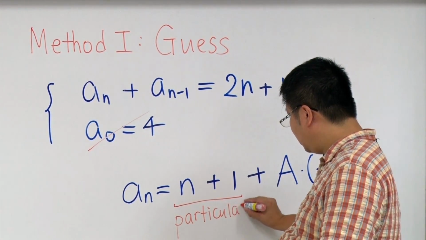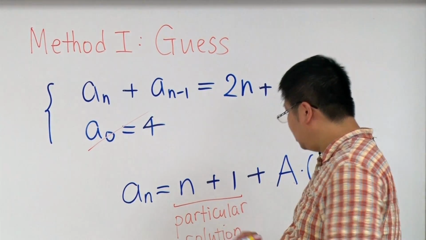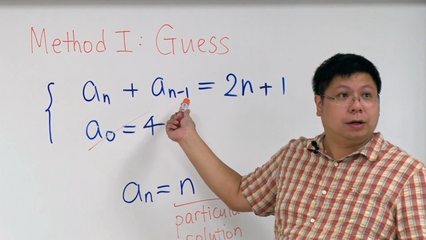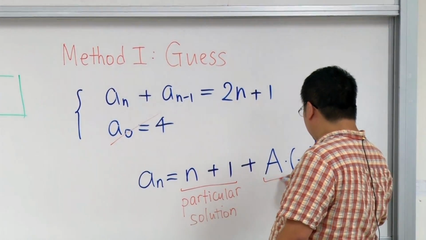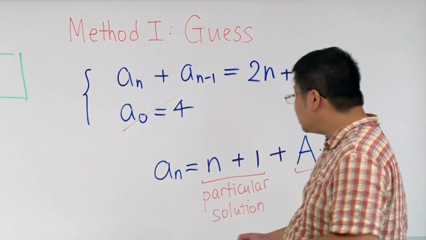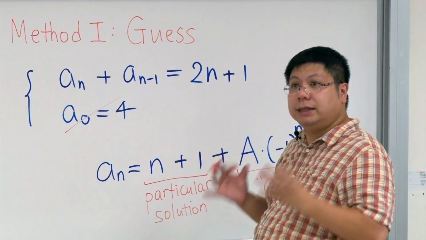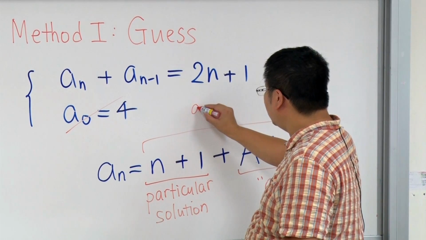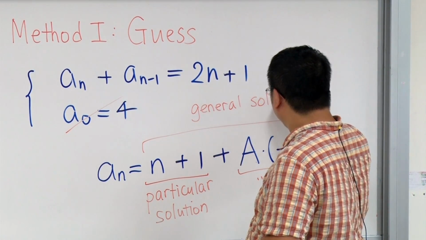A particular solution that works for the recurrence relation, but then it is not general. The general part we should consider is the zeros that we should also consider. So once we have a particular solution and the way the zeros could look like, we get the whole thing. This whole thing we call a general solution. Is that okay?